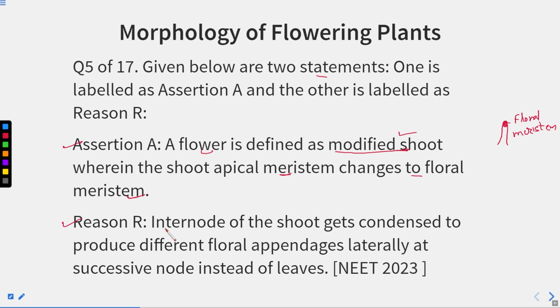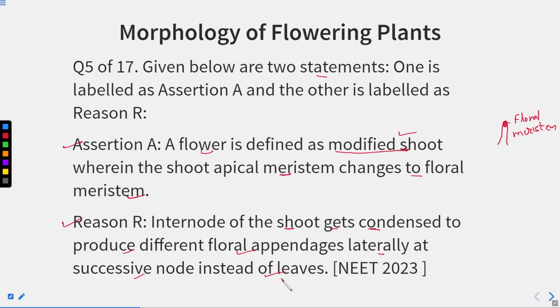Now the reason, they are saying the internode of the shoot gets condensed to produce different floral appendages laterally at the successive node instead of leaf. So this is also true. What happens during flower development is that the internode of the shoot gets condensed to form what?